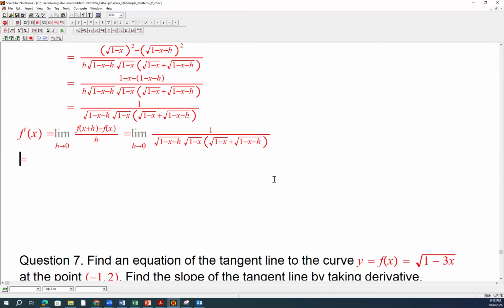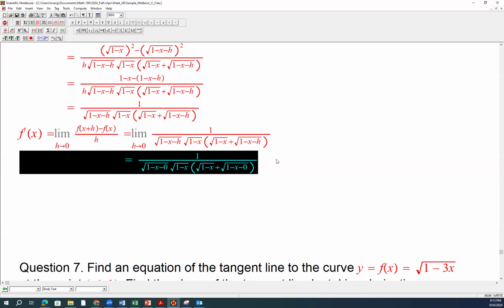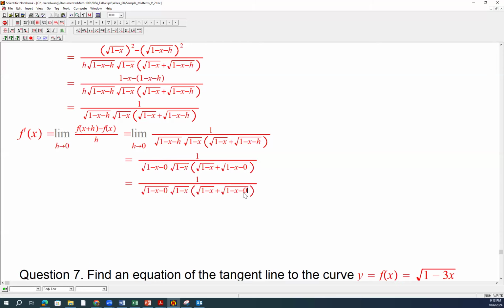Really just a direct substitution because it's not going to cause a 0 denominator. So h will be replaced by 0. You can see that it's not necessary to multiply them, which makes it more complex, right? Just keep it separated clearly. So this piece, you're going to get 2 times that, right? Over here is root 1 minus x times root 1 minus x. This is going to be just 1 minus x.